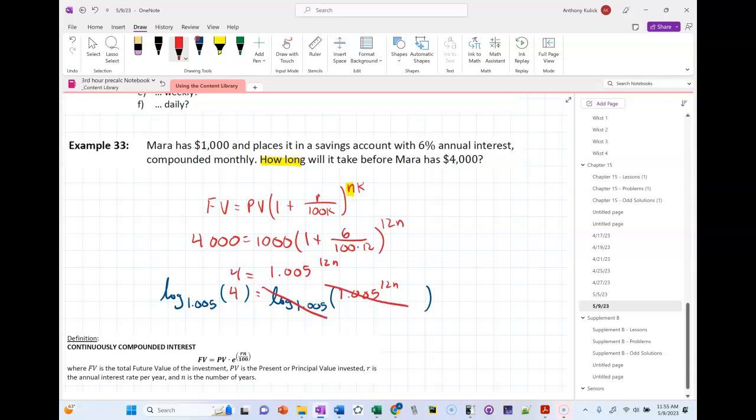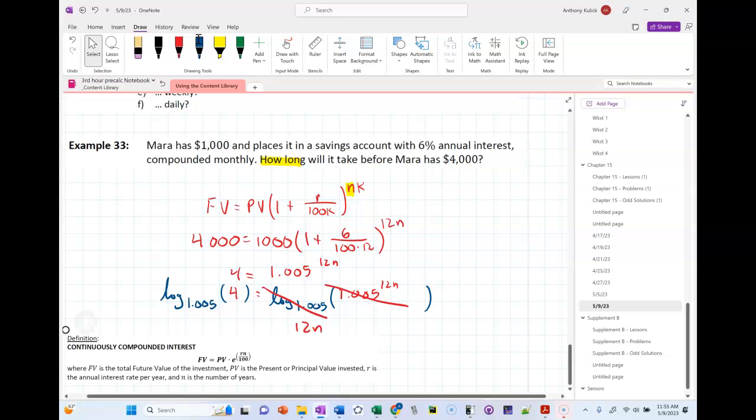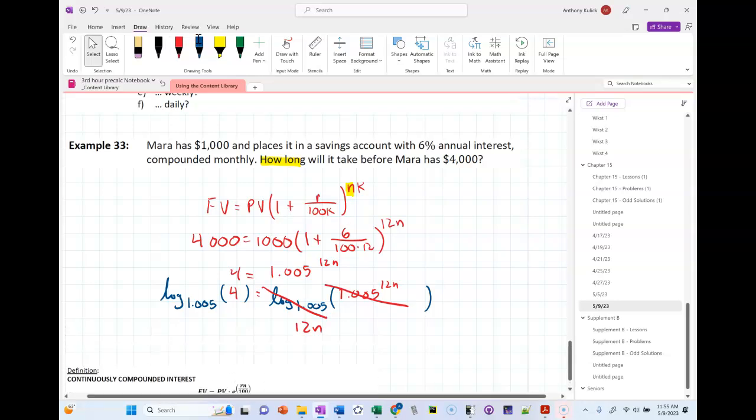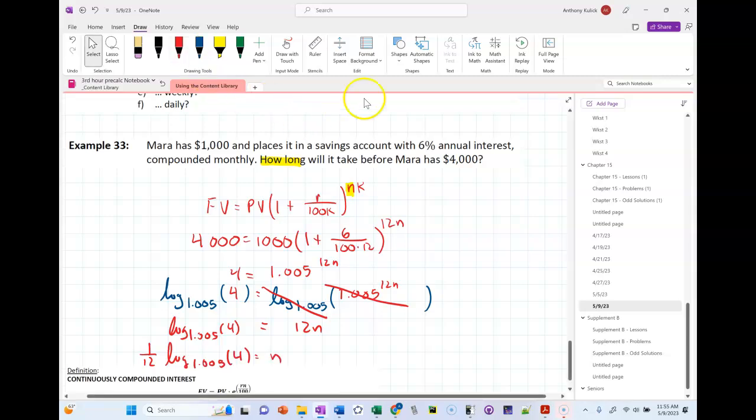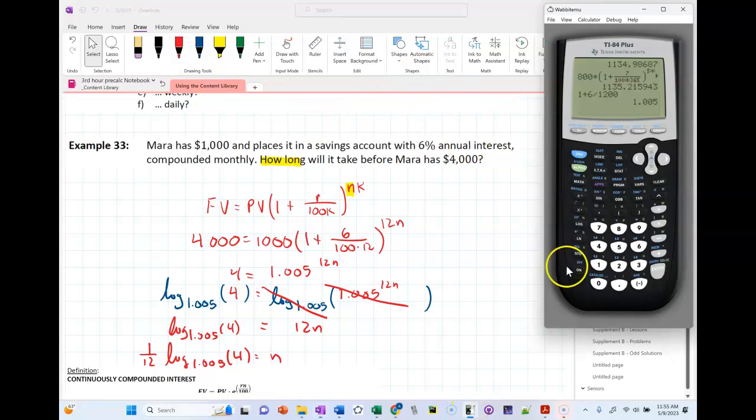So those cancel out. I then divide both sides by 12, and that ought to be my answer.